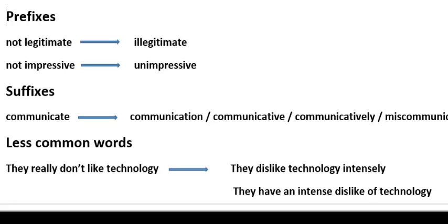Or looking at how suffixes can change the part of speech, you may be starting with the verb "communicate," but then need to use the noun, which turns to "communication," or the adjective, which turns to "communicative," or the adverb "communicatively." Or, again, you could go back and use prefixes to change the meaning: "miscommunicate."